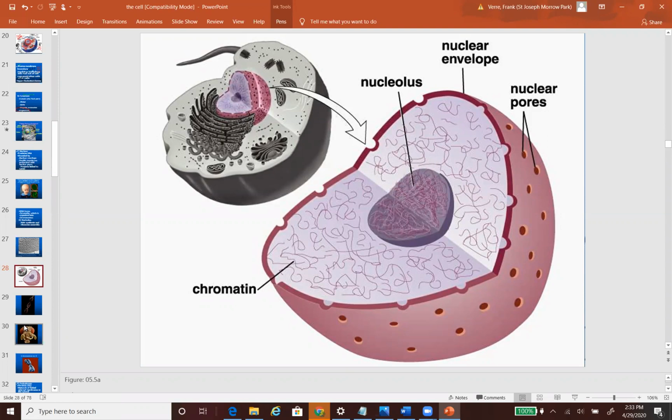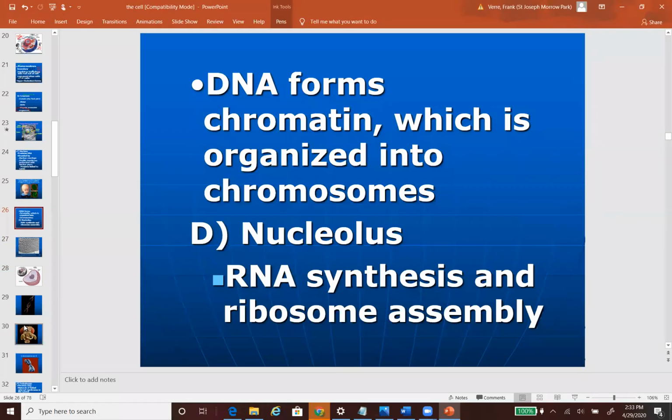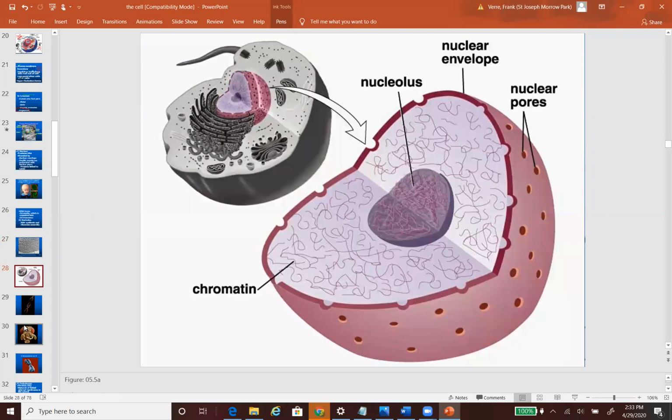Now your DNA is actually attached to these things called proteins, especially in this slide here. And the DNA and protein form something called chromatin, which you can see here as these little spaghetti-like structures. But basically, the little strands are pieces of DNA. The instructions we talked about, the software of the cell.